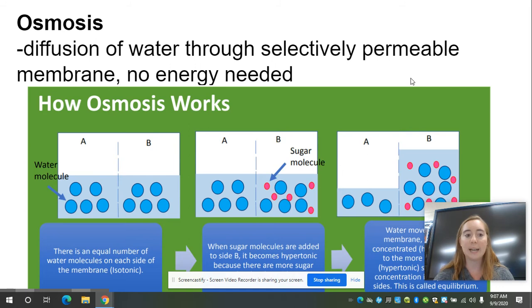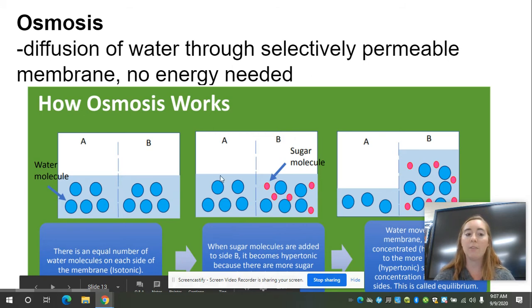Osmosis is one type of diffusion, and it's a diffusion of water specifically through a selectively permeable membrane with no energy needed. As we can see in this picture, osmosis is happening. We have water molecules on this side, water molecules on this side. They're equal amounts, and we call this isotonic. I'll get into more detail on this in the next slide.